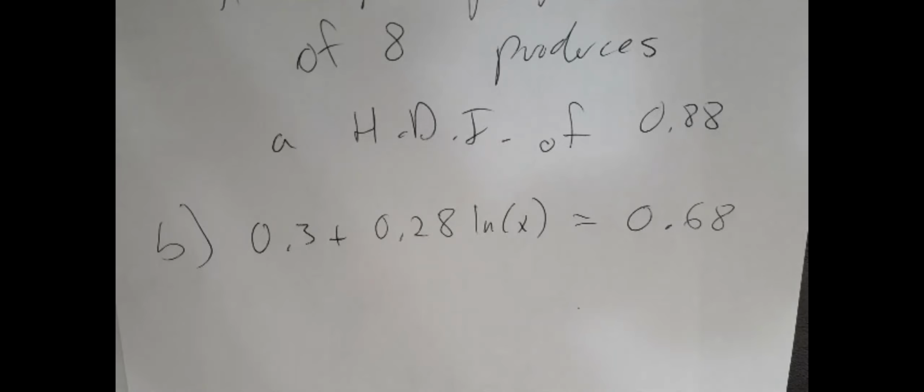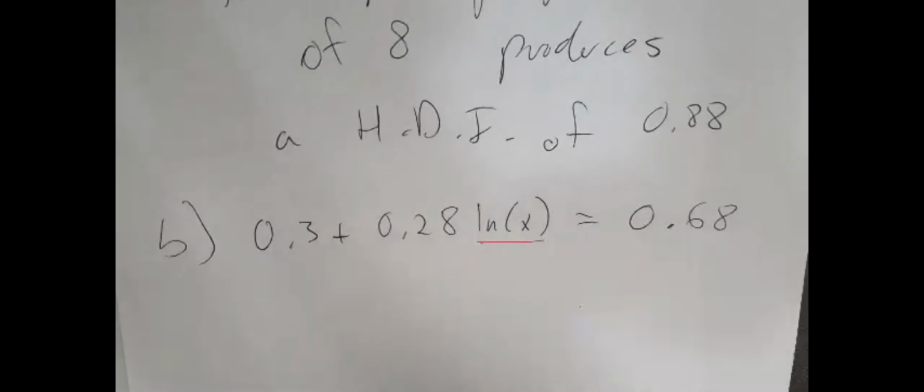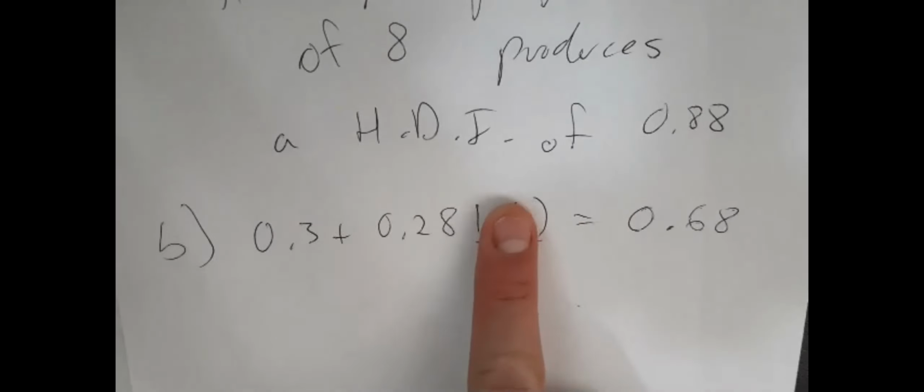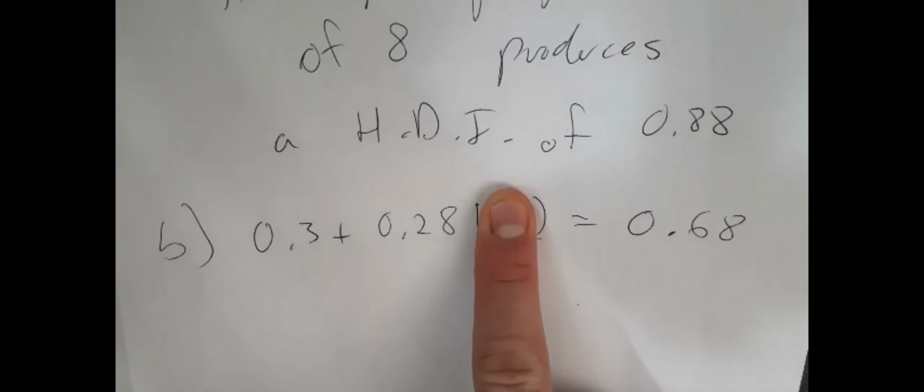And so now what is our goal? It's to get ln of x by itself. If you have to, look at this like it's just a single variable. There's two things we need to do.